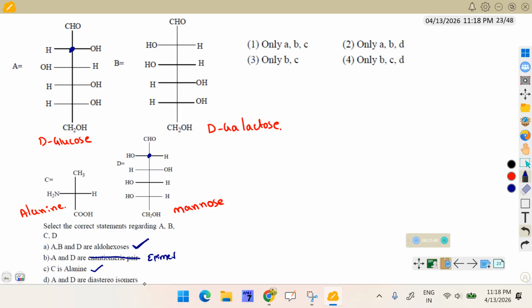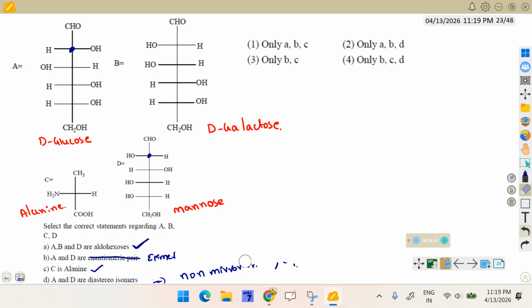A and D are diastereomers. Yes, because they are non-mirror images of each other. No option matches.